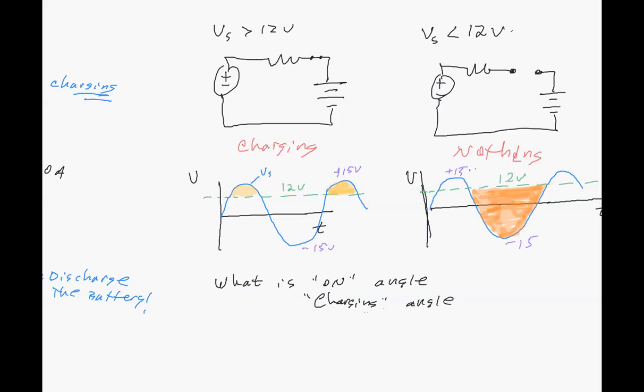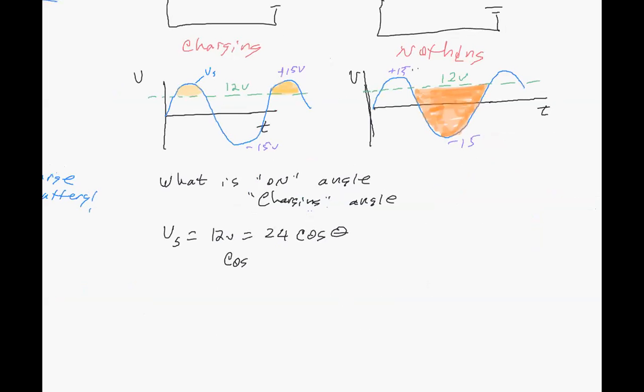So we want to know when Vs is equal to 12 volts, and that's equal to 24 cosine theta. So then cosine of theta is equal to 12 over 24, which equals 1/2, just by the numbers that are very conveniently picked here. And then theta is equal to 60 degrees.